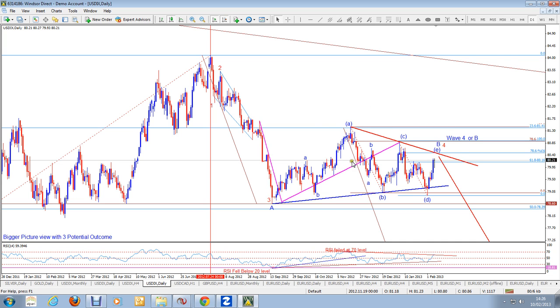Now this correction could be over if I have what I think is a contracting triangle. So a contracting triangle comes in a wave B or a wave 4. So either we have a wave B here or we have a wave 4. If this is a wave 4, then we've got 1, 2, 3, 4, and we'll have another leg down, 5.